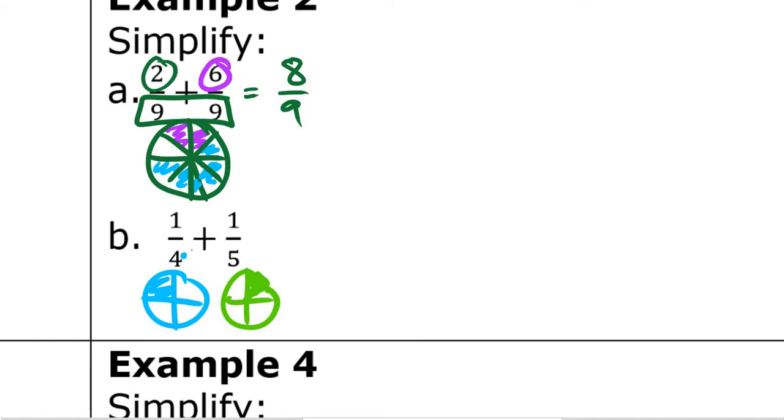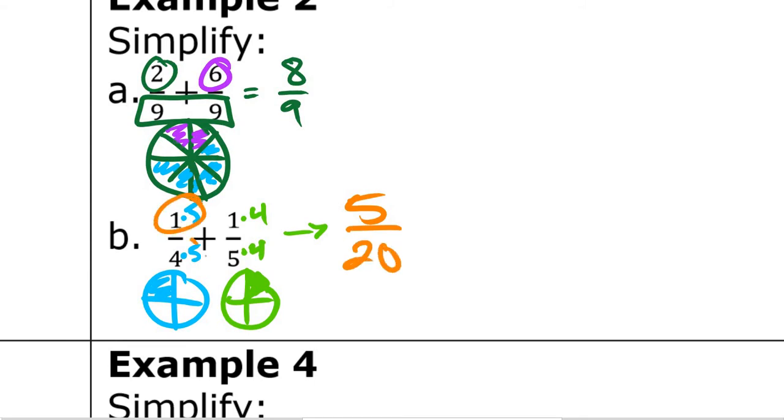So on this side, we'll multiply times 5. Whatever you do to the bottom, you also have to do to the top. So we're going to multiply the other one times 4. And we'll also have to multiply the numerator by 4. So the new problem would look like this. 5 over 20.